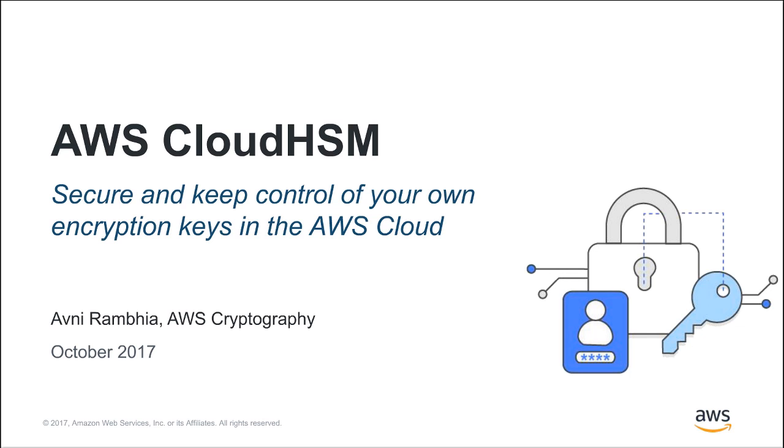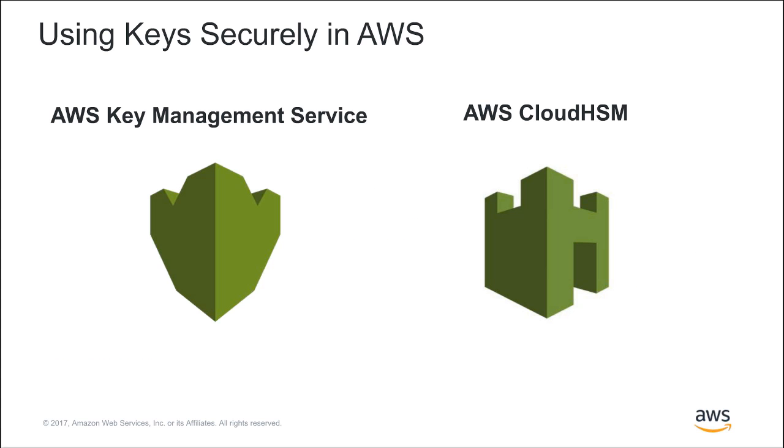Thank you. I'm excited to talk about AWS CloudHSM today. This service helps you secure and keep control of your own encryption keys in the AWS cloud. So AWS has two solutions to securely control and use keys. We have CloudHSM and Key Management Service, or KMS.